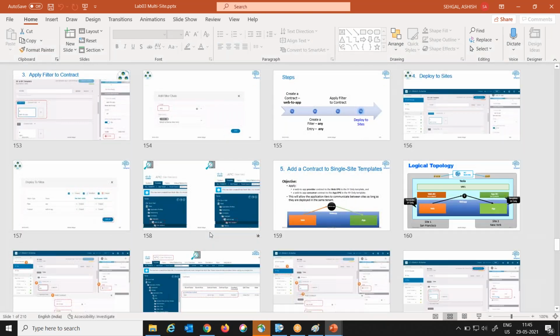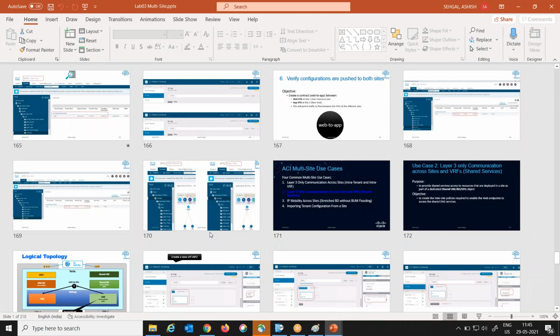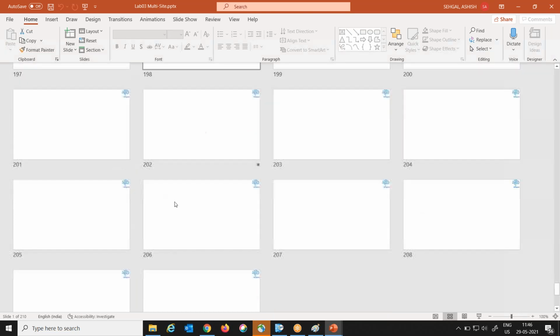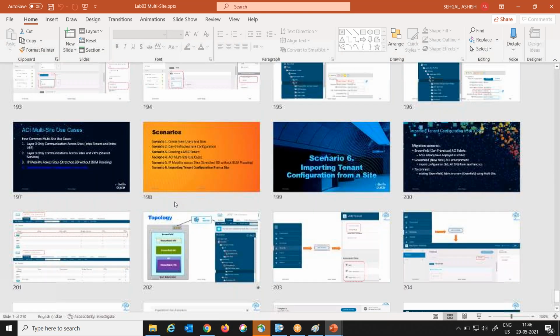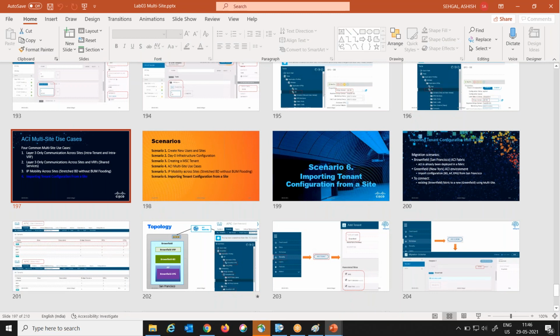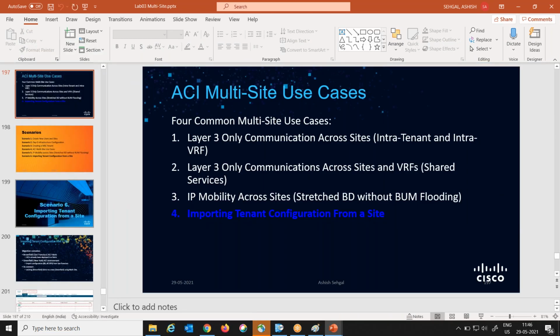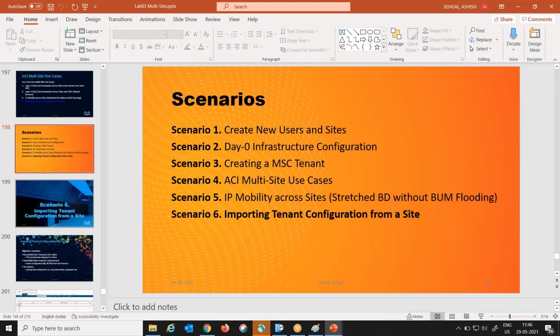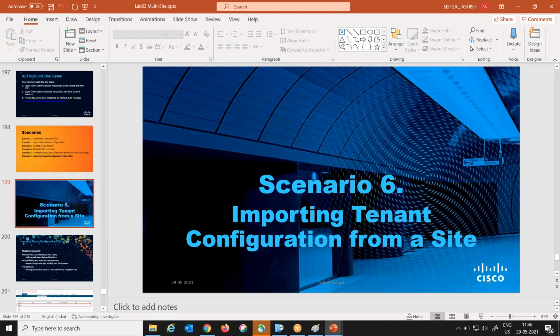In this lab, the last scenario is importing a tenant from a brownfield to a greenfield, with stretched BD without BUM flooding.